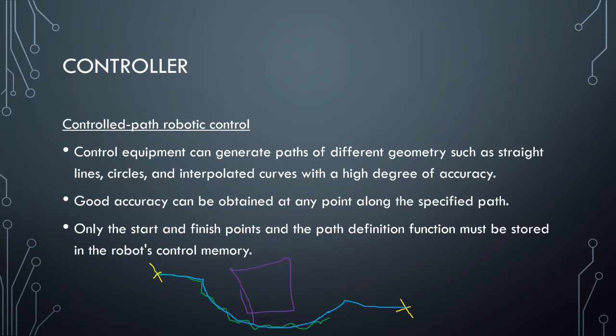It's a lot more accurate and very steady. Sometimes you don't even need to map out all of these geometries. If the robot is equipped with certain algorithms, you can give it the start and finish point of this arc, and it can calculate the arc between these points.